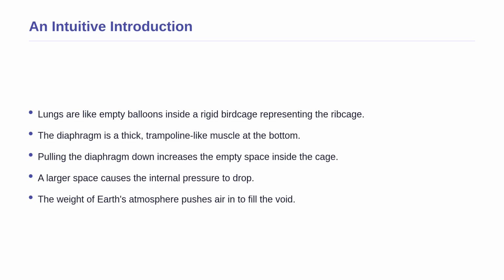The empty space inside the cage suddenly gets much bigger. Because the space expands, the pressure inside drops. You do not actually suck air into your lungs. Instead, you expand your chest, and the heavy weight of the Earth's atmosphere literally pushes the air inside for you, exactly like pulling the plunger on a medical syringe.